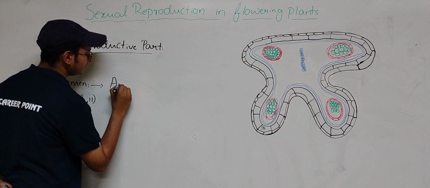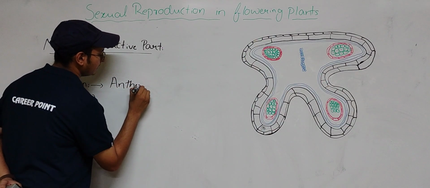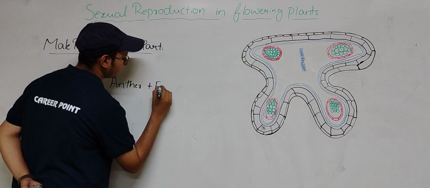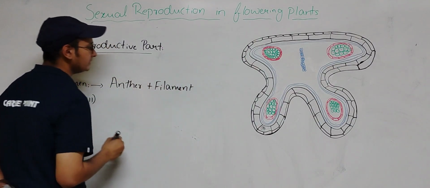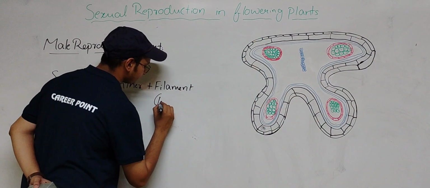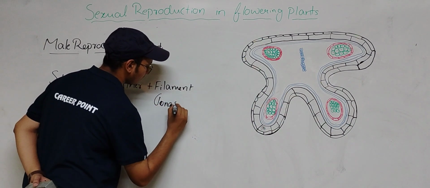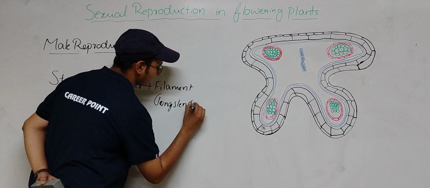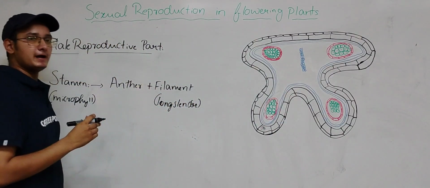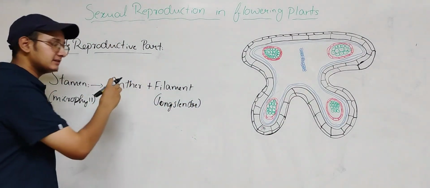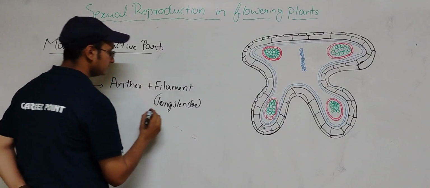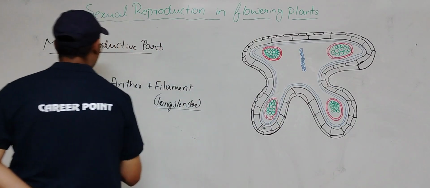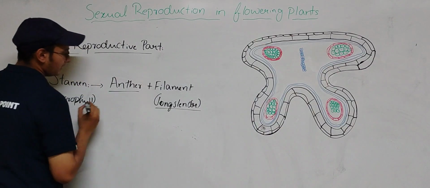One is anther and filament. Filament is a long, slender part which attaches the anther to the thalamus or the petal. And the main important part, anther.